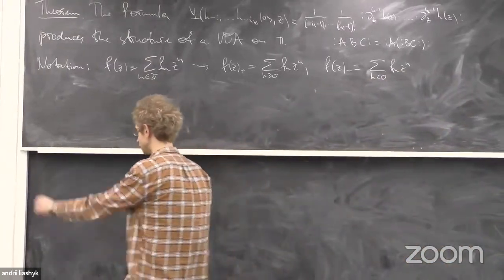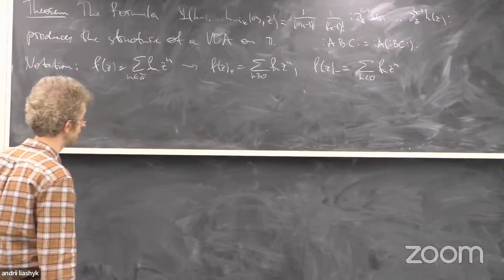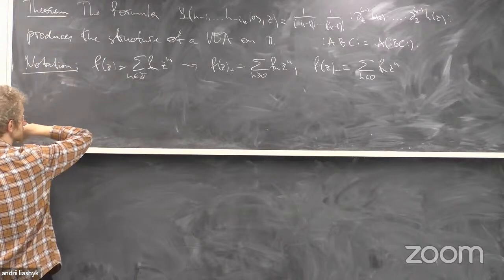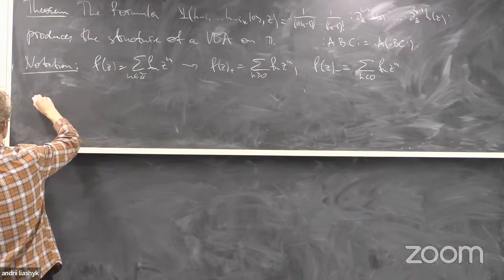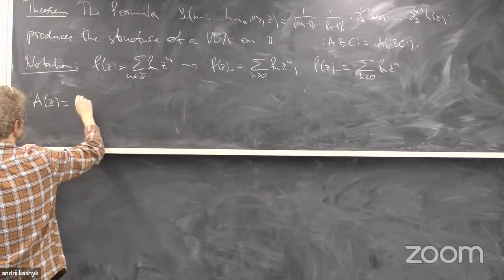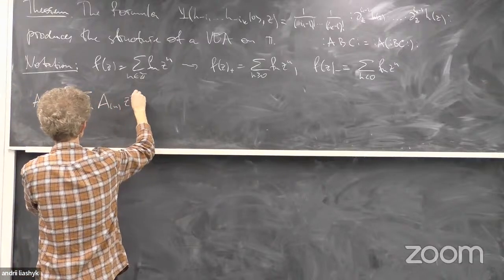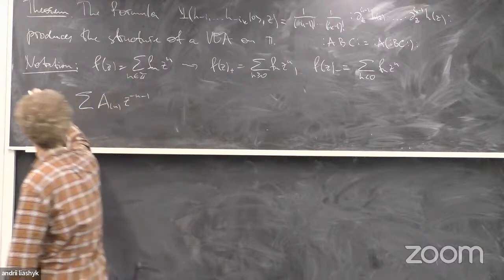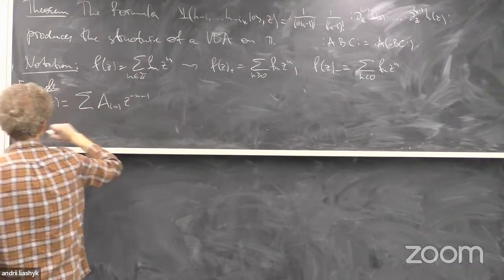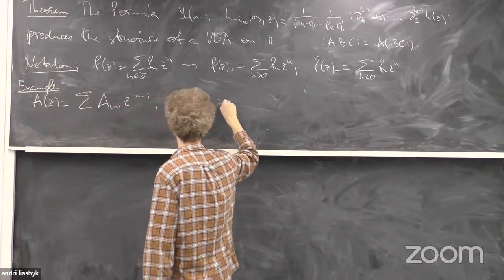And now we consider the field, say A of z, which is the sum a_n z to the minus n minus 1. So let me give an example. Then can you tell me what is A of z plus?